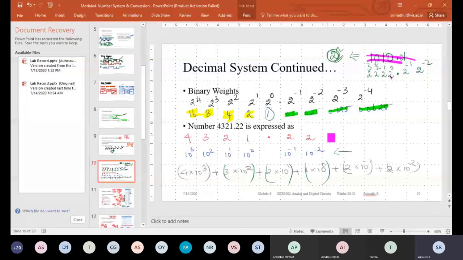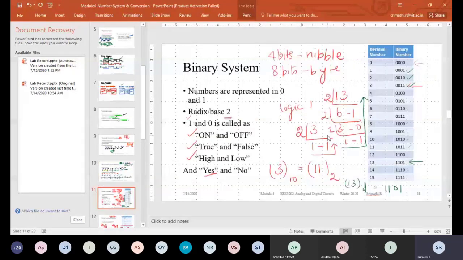Then we went ahead with the binary system and representing a binary number. The binary system's radix or base is 2, and we represent numbers in terms of zeros and ones. 1 is said to be on, true, high, or yes, whereas 0 is said to be off, false, low, or no. The decimal number and its equivalent binary number are given in this table from 0, 1, 2, up to 15.